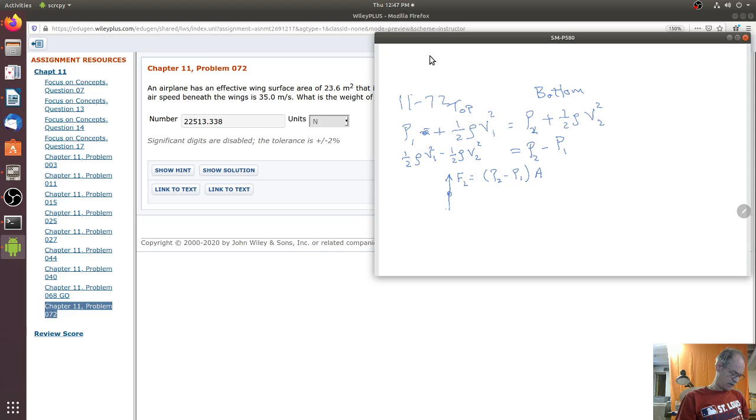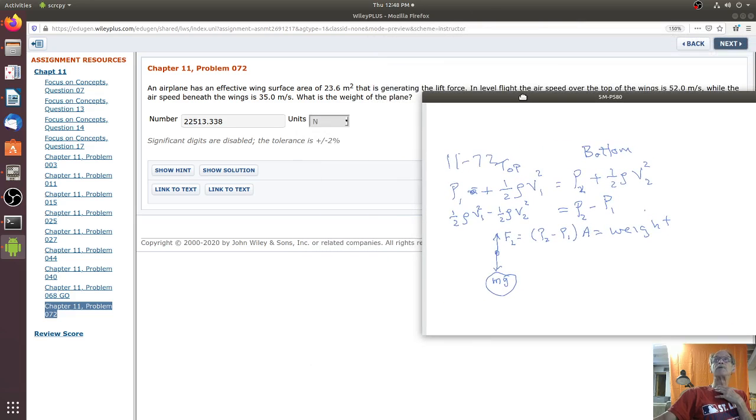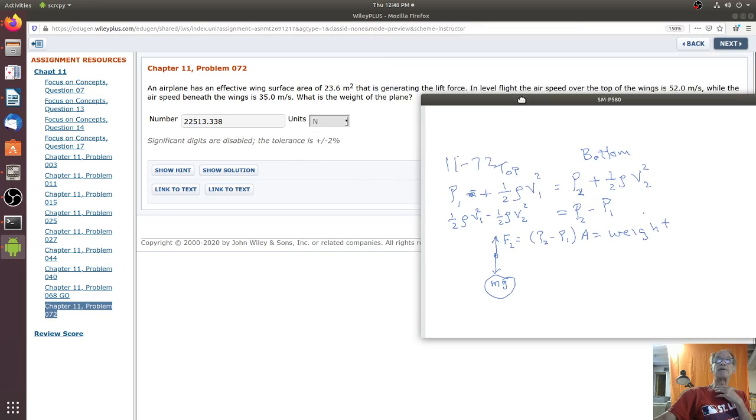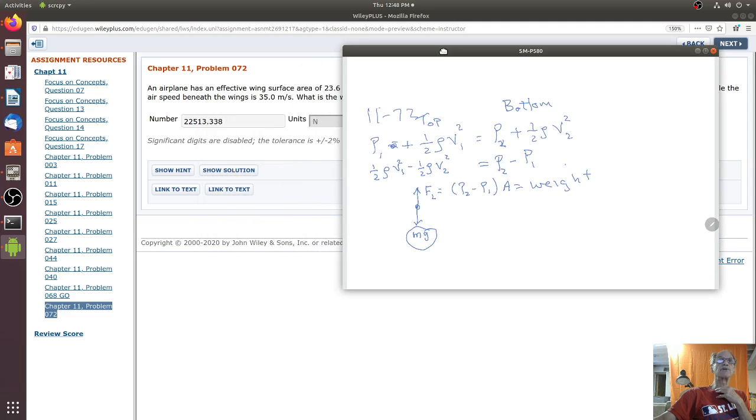And if the plane is flying level, that's equal to the weight, mg. So I just plug in my values for V1, which is the top of the wing, 52.52, and the velocity below the wing, which is 35.